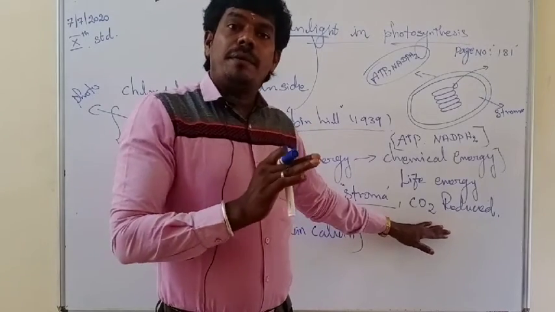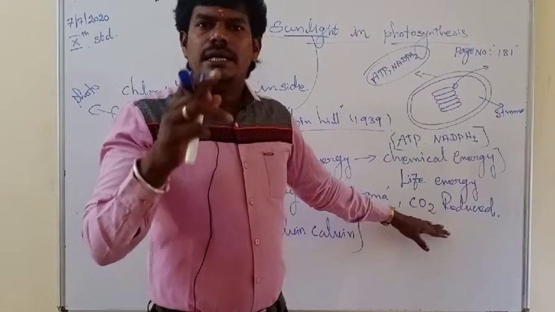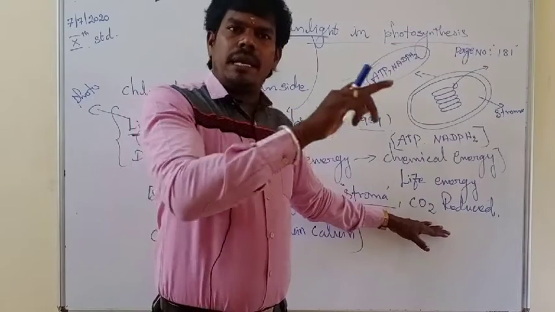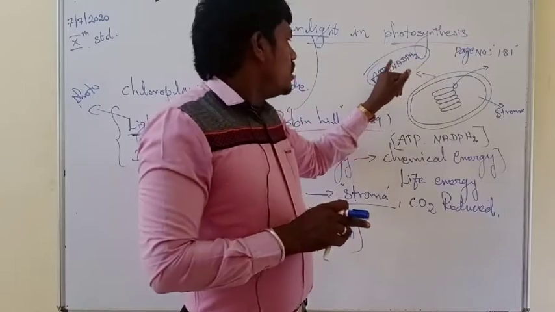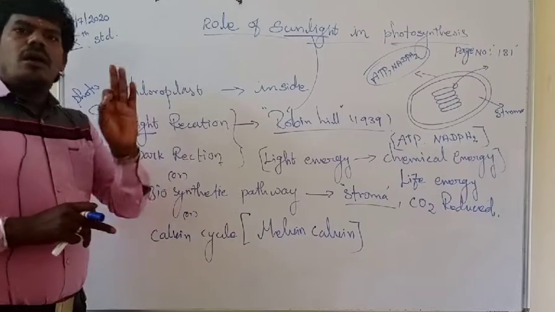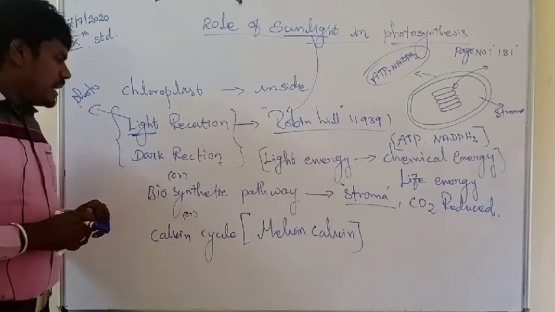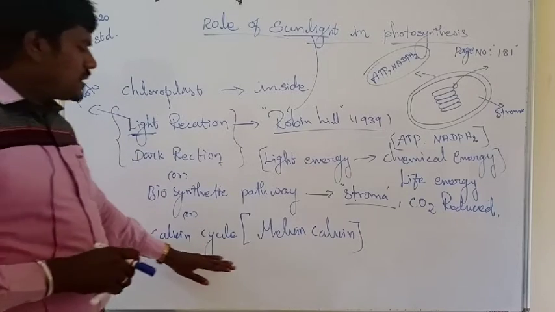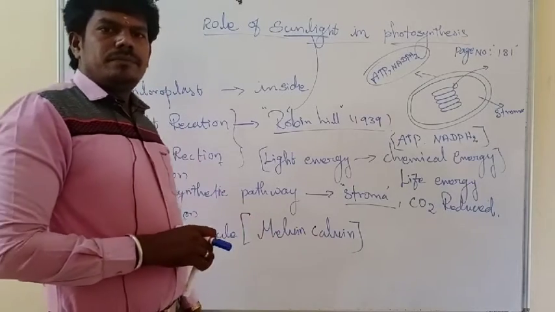After that, with the help of the products generated in the light reaction, that is ATP and NADPH2, carbohydrate is produced. This is also called the Calvin cycle. The Calvin cycle was first found by Melvin Calvin.